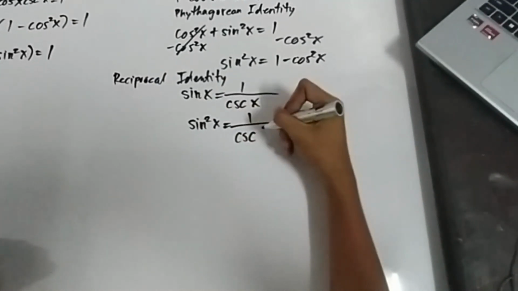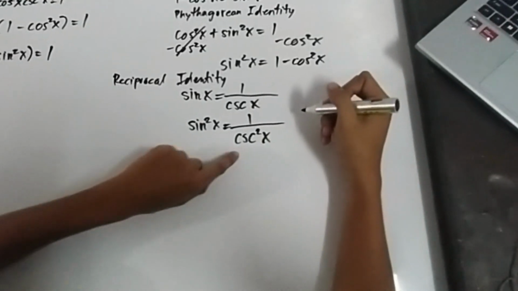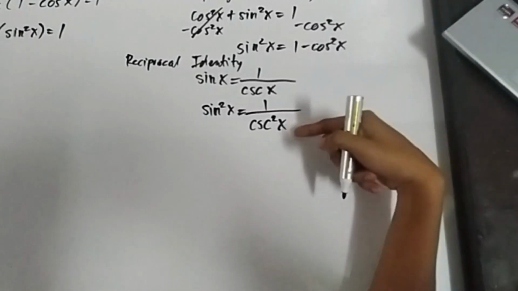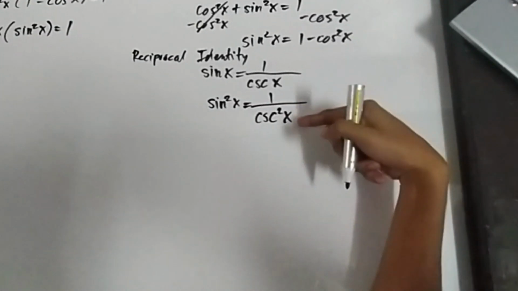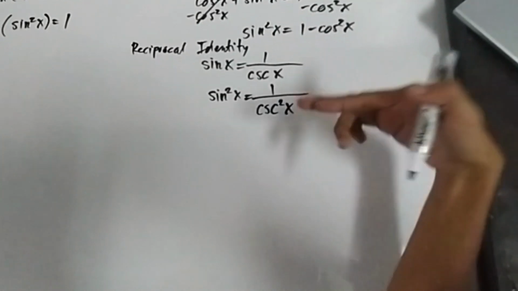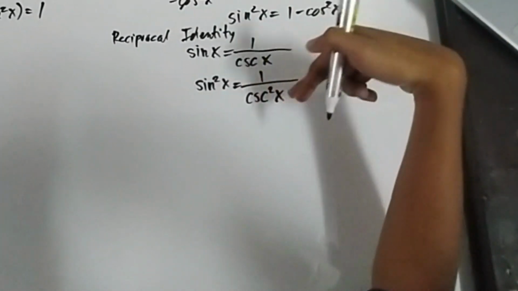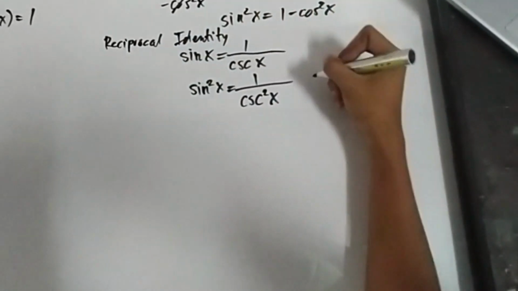However, we know that the cosecant is still at the bottom, so we're going to make it go to the top, because it's a reciprocal.